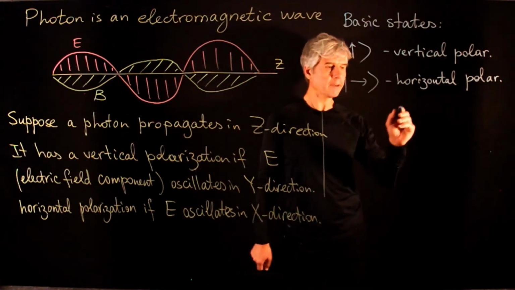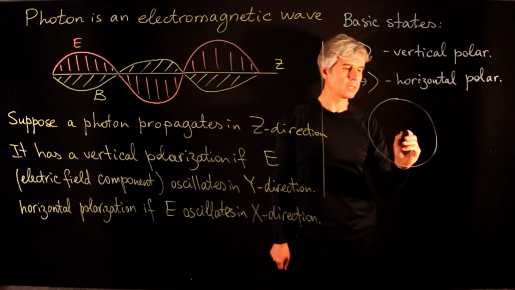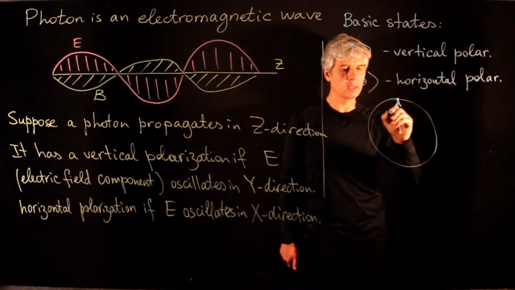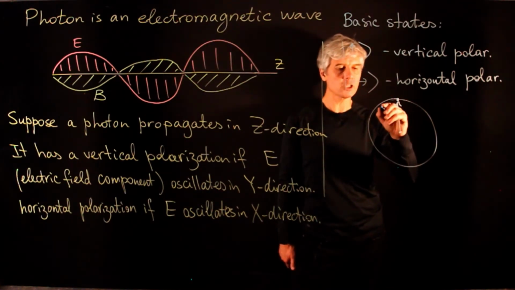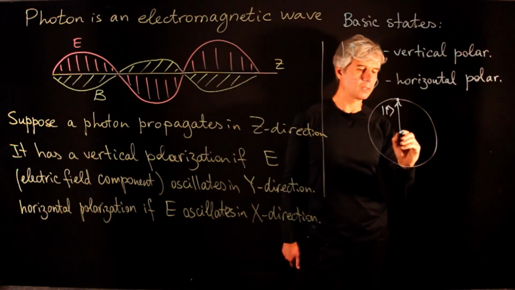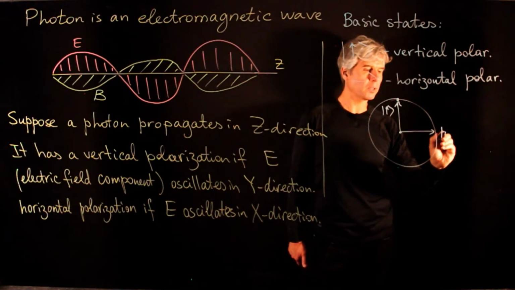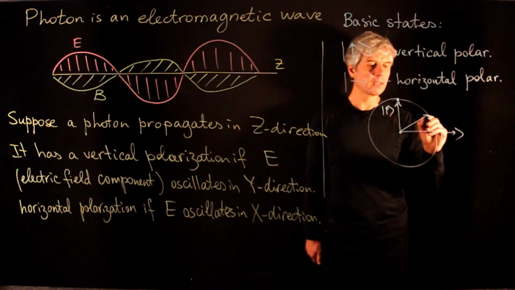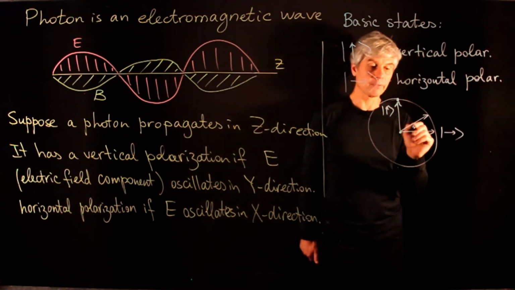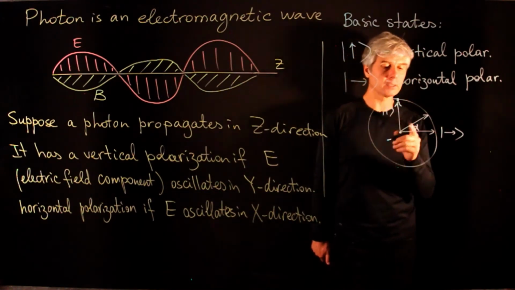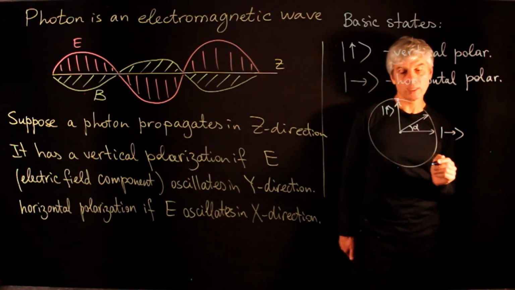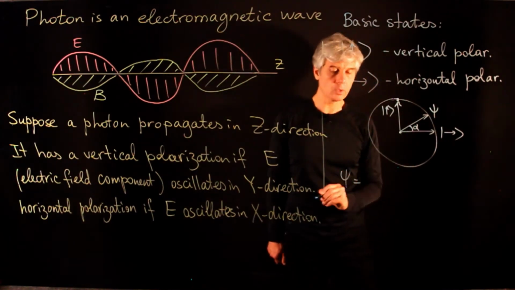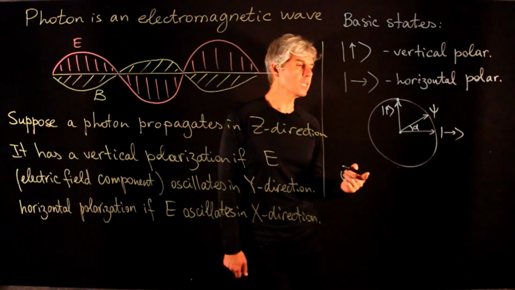So if we represent this vector as the vertical polarization and this vector as horizontal polarization, then we could have another vector which is at an angle alpha to horizontal polarization, right? And so this state psi is going to be a linear combination of these states.